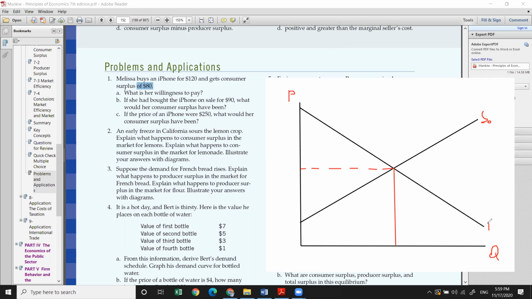This will be D1 because I don't have a place to draw it. And I'll shift it. This is the old demand, D0.